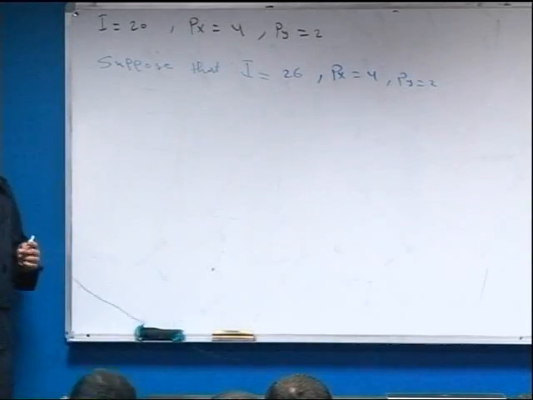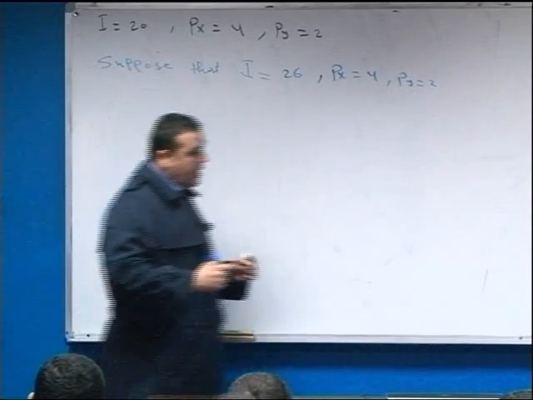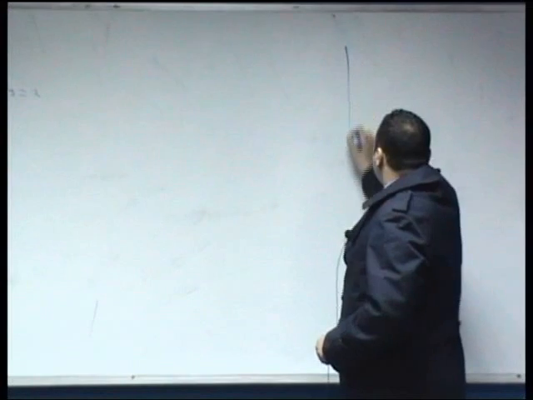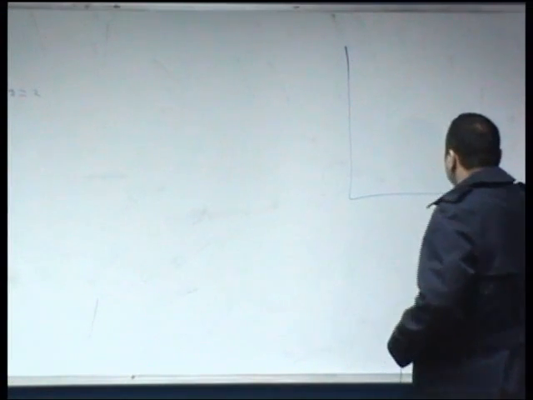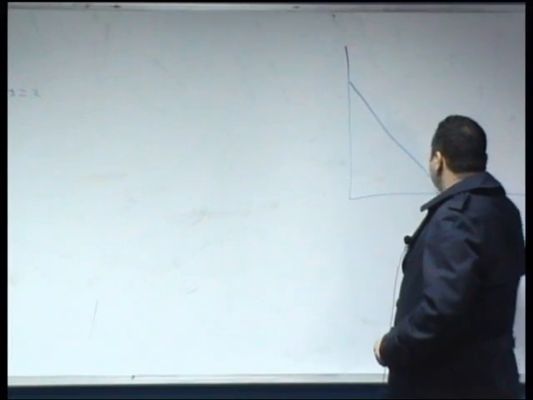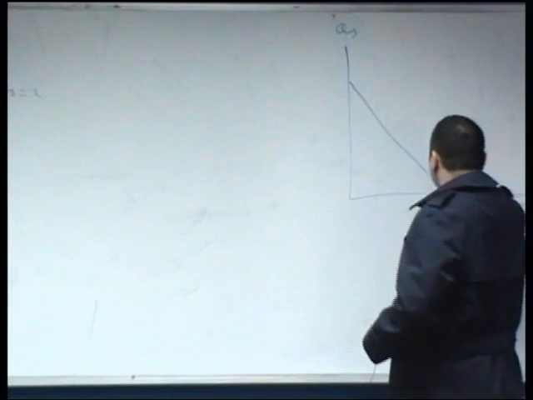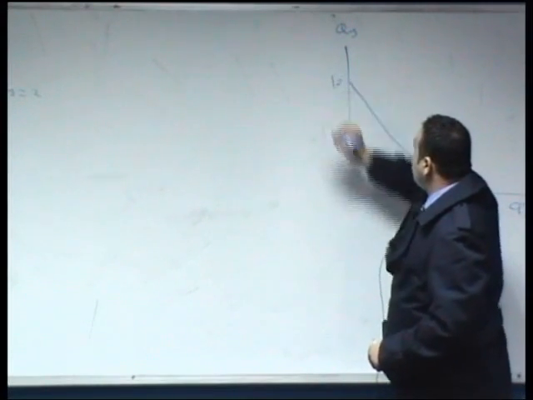I draw the new budget line, and the same requested information. The original budget line is 10 QY, QX, how much? 10, 5.